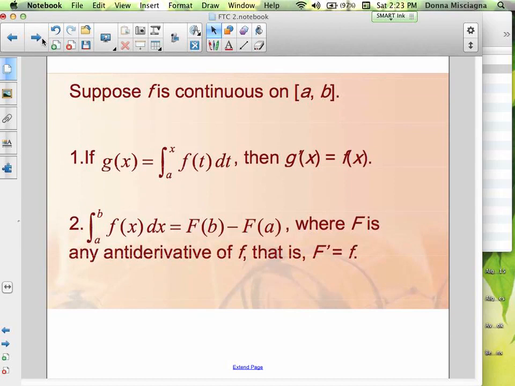Okay, suppose f is continuous on [a, b]. If g of x is equal to the integral from a to x of f of t dt, then g prime of x equals f of x. In other words, the derivative of this one would give us this value here, because integration undoes and gets back to the function.